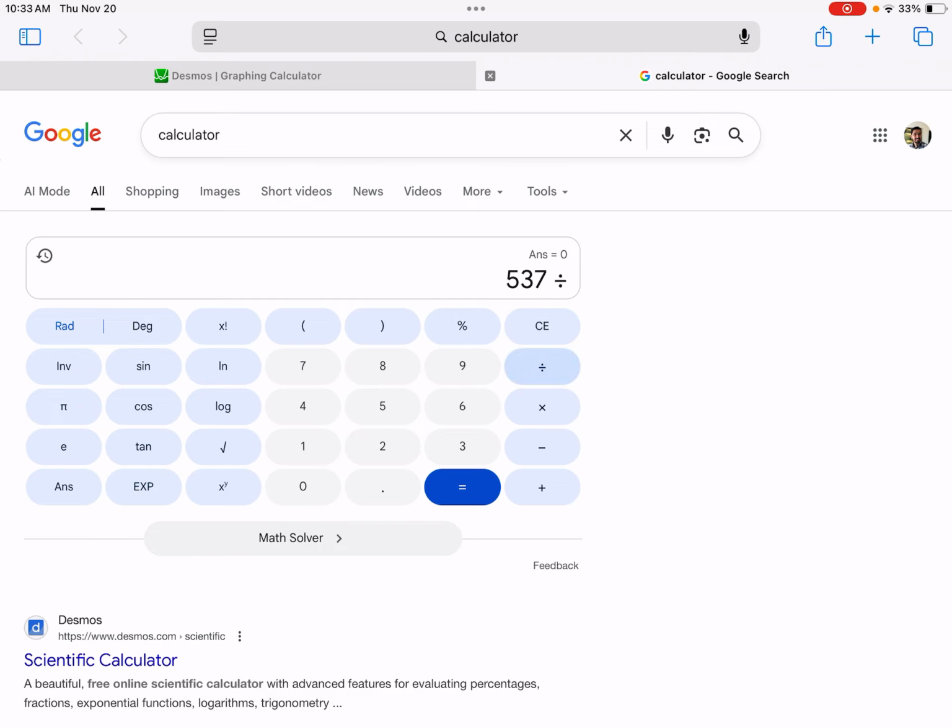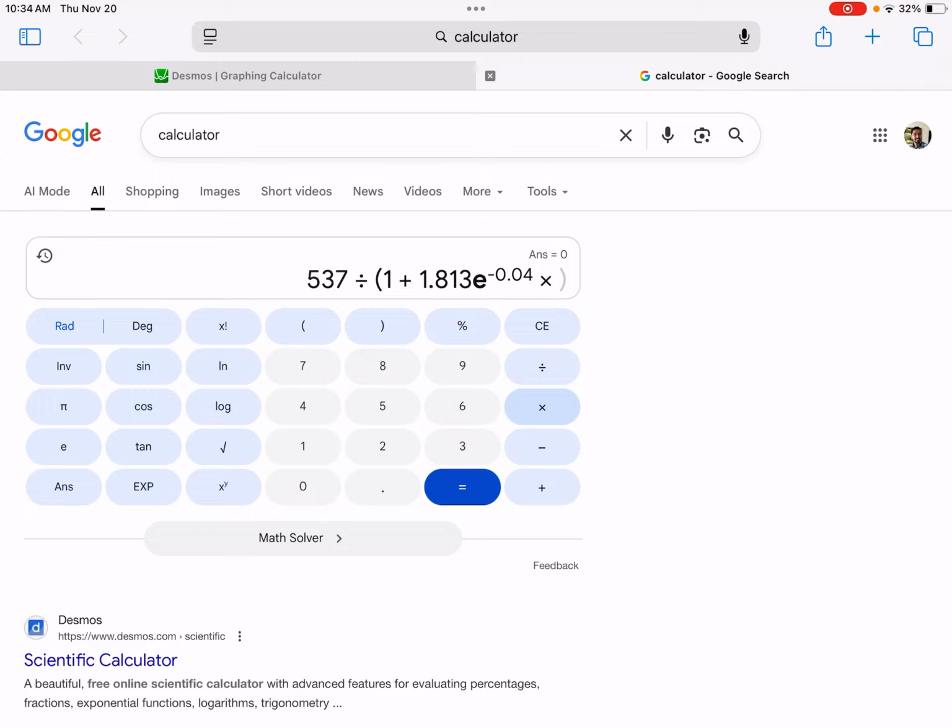Divided by parenthesis, 1 plus 1.813 times e to the power negative 0.04 times 60.